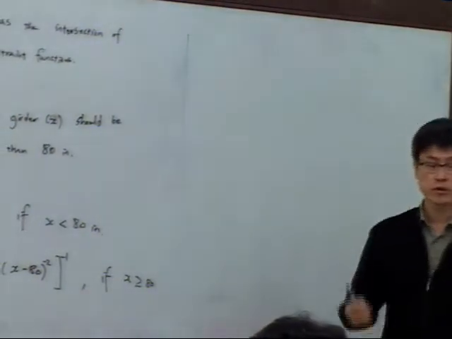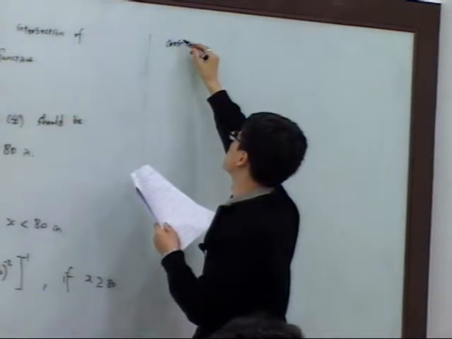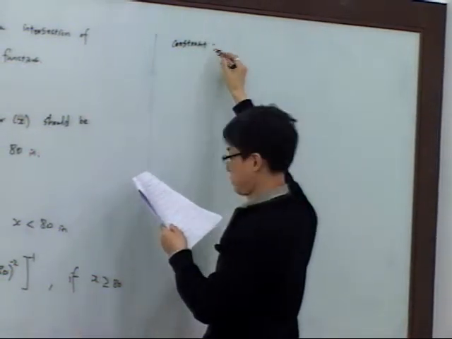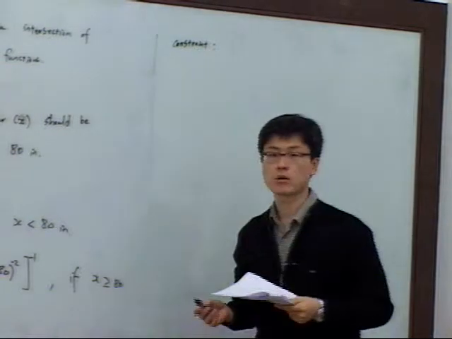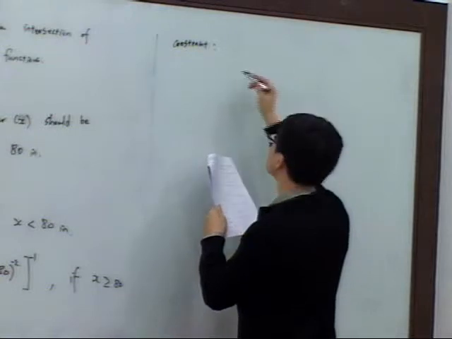And let's say there is one more constraint. Constraint is also fuzzy. I mean, information is vague.